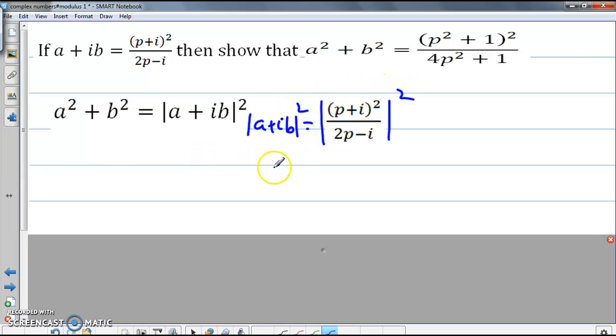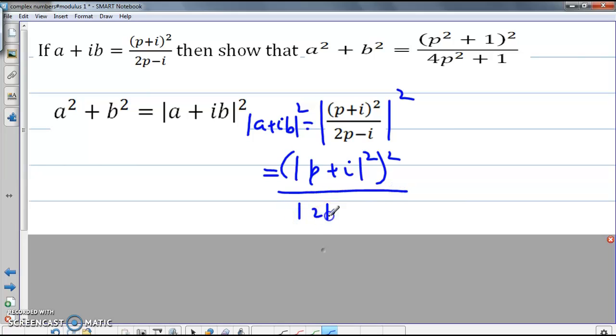Now this is equal to modulus of the numerator square, and this square also comes outside, and then modulus of 2p minus iota square. Now what is mod of p plus iota square?